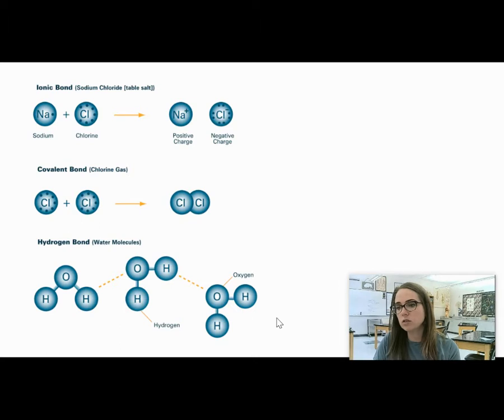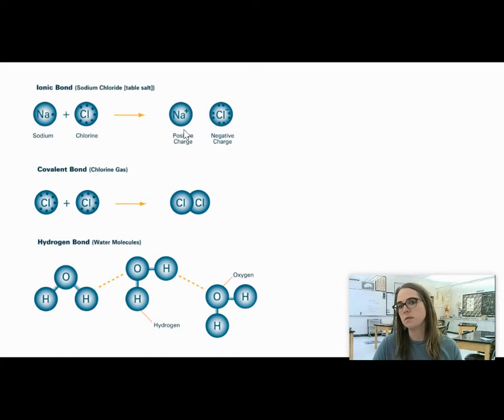Along those same lines, just a quick review about the 3 types of bonds: ionic, covalent, and hydrogen bonds. By the way, these pictures are not in your packet if you're looking for them. We've already done these in your packet, just showing you a different picture to review. So we talk about sodium and chloride all the time, but what makes these an ionic bond is that sodium gives up an electron to chlorine.